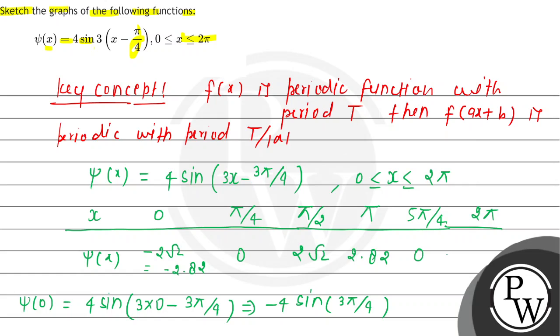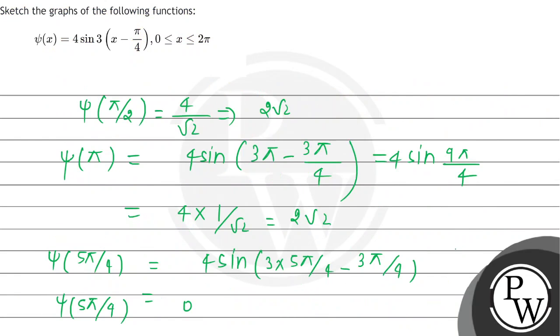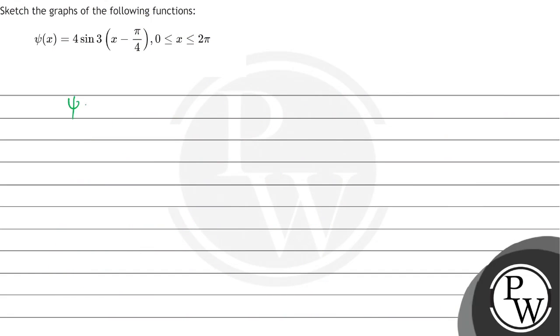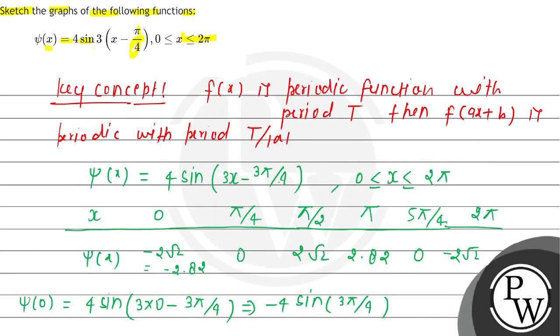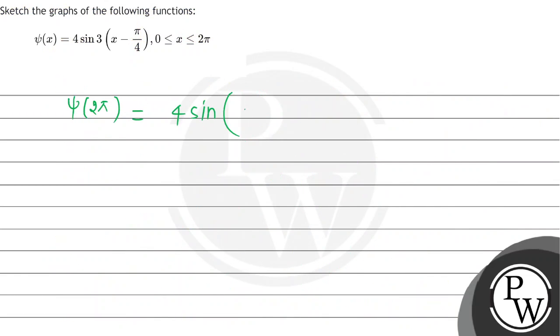So after checking, then we'll get the 2 root 2 here. So once we put the value 2 pi here, then we'll get 4 sine, it will be 6 pi because we have already 3x. So 3 into 6 pi minus 3 pi by 4.